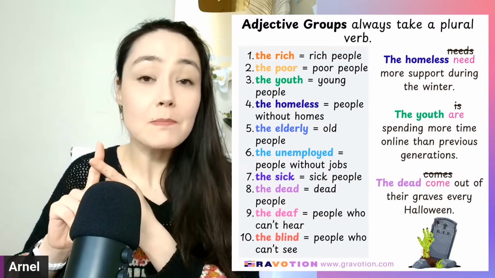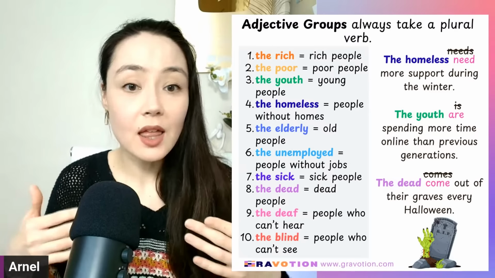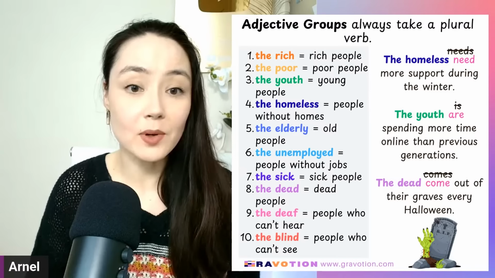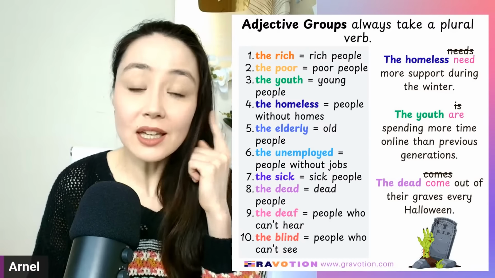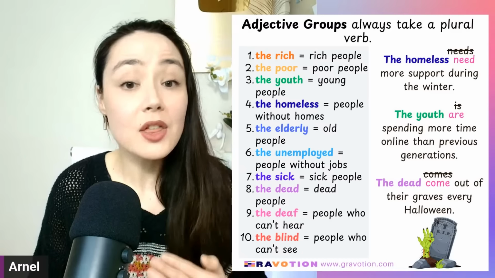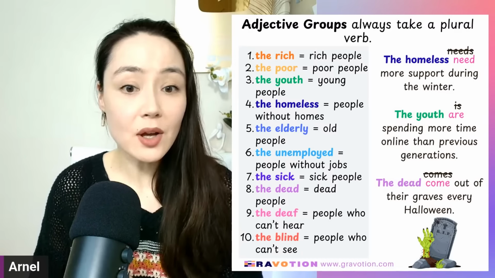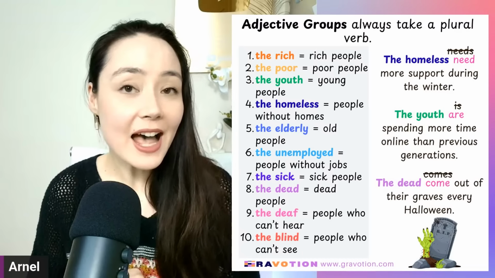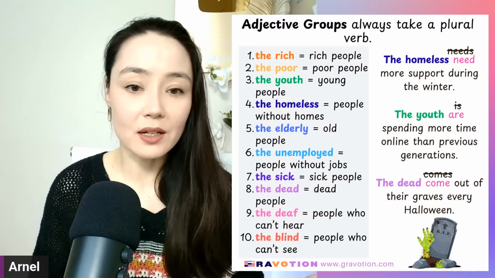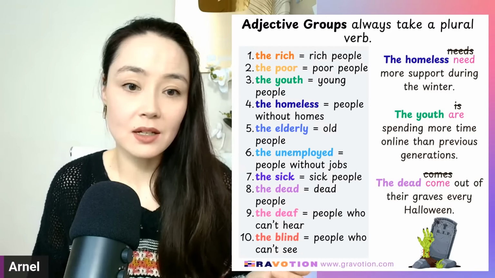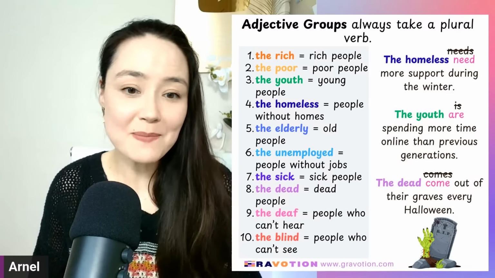The rich means rich people. The poor, poor people. The youth, young people. The homeless, people without homes. The elderly, old people. The unemployed, people without jobs. The sick, sick people.